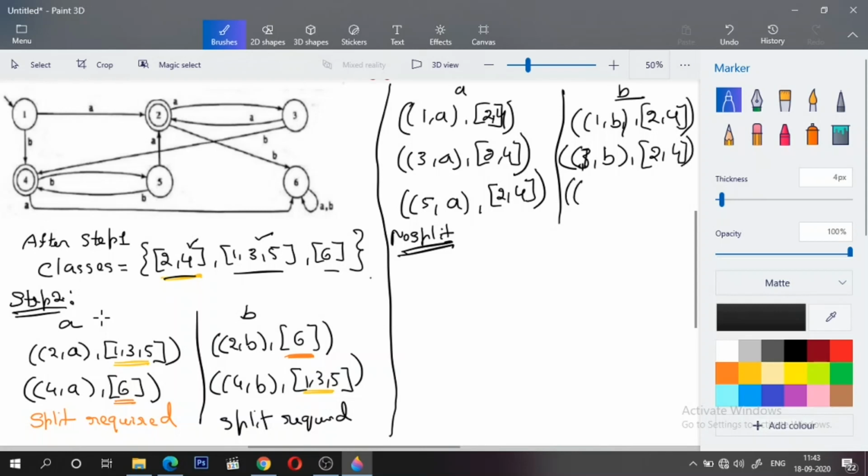And finally 5 upon B will make a transition to 4, which is a part of 2 and 4.